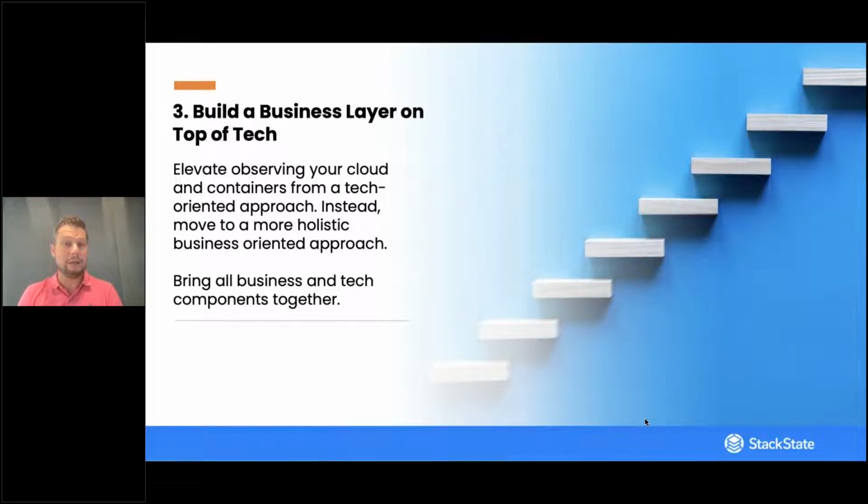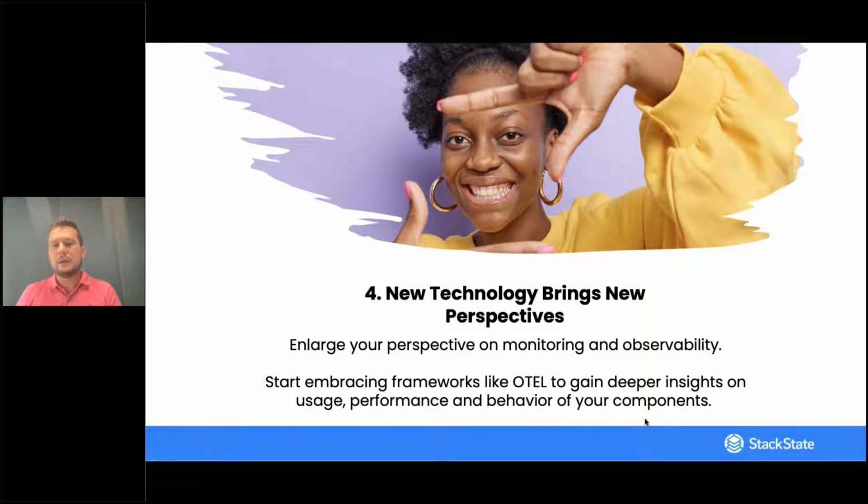That is particularly helpful because then you can see at one glance what's going on in your entire stack. So building a more business-oriented layer on top of your tech might be a really good recommendation to move away from all the noise and focus on what matters, besides setting the clear goals.